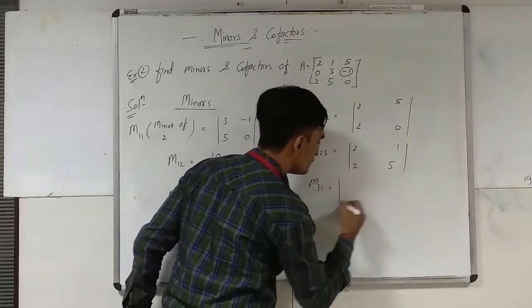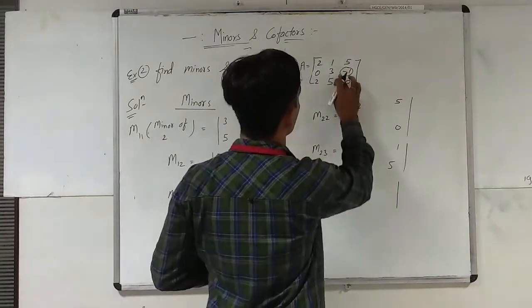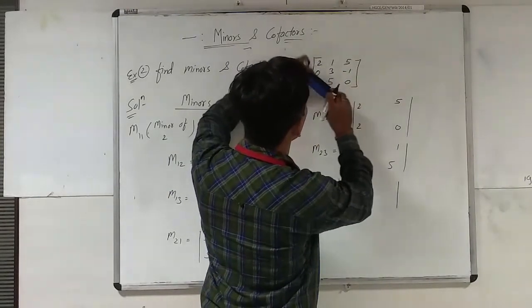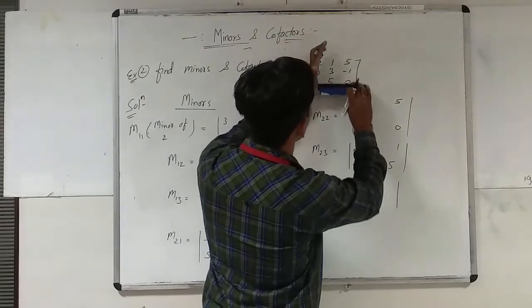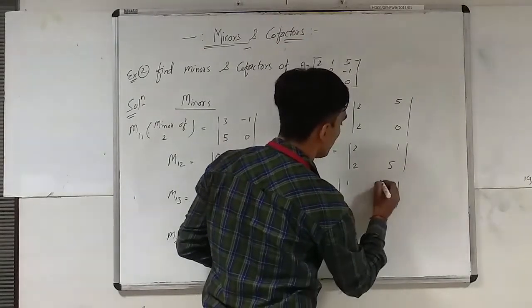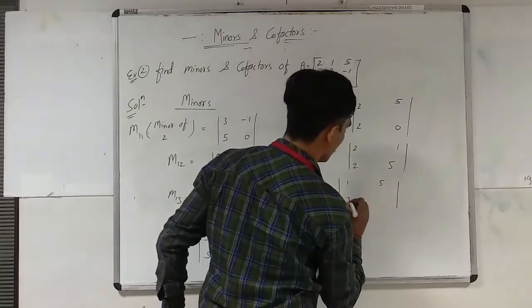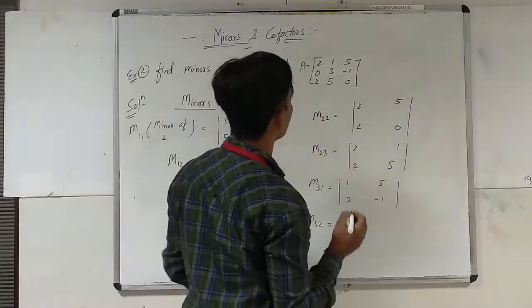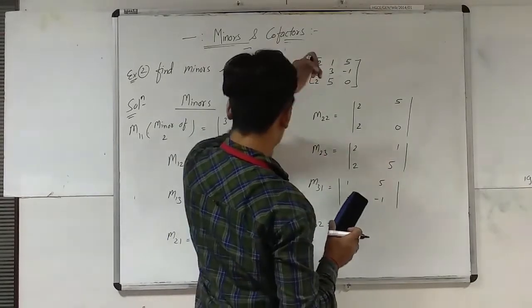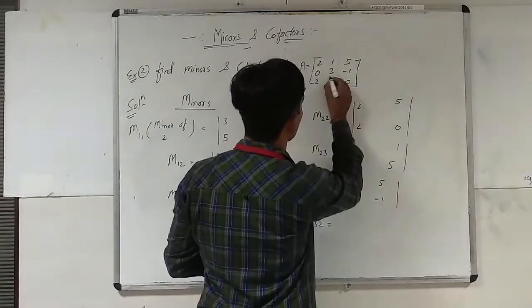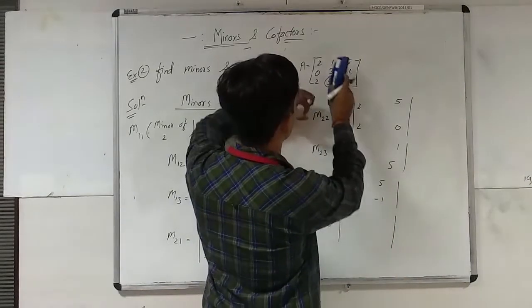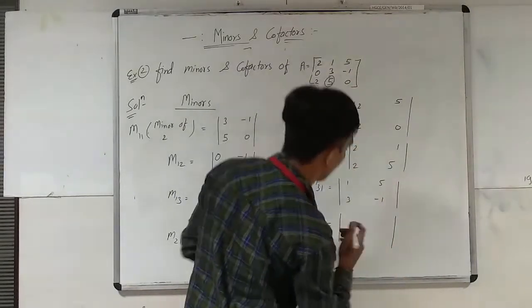M31, third row and first column. So it is 1 5 3 minus 1. M32, third row and second column: 2 0 5 minus 1.